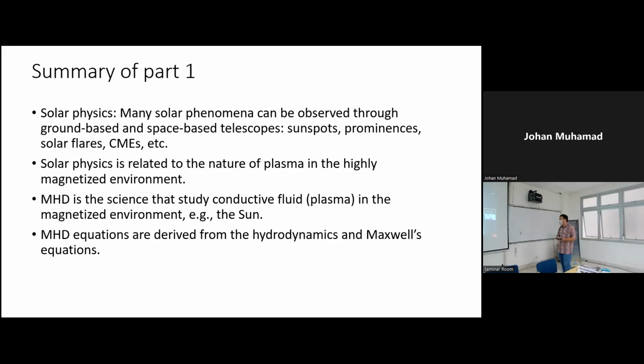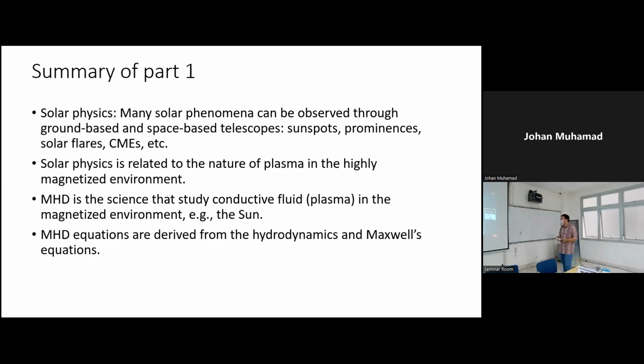So basically they are already equipped with some materials which unfortunately I don't know exactly, but still they will suffer that kind of disturbance in their system when a very strong CME or solar flare happens.